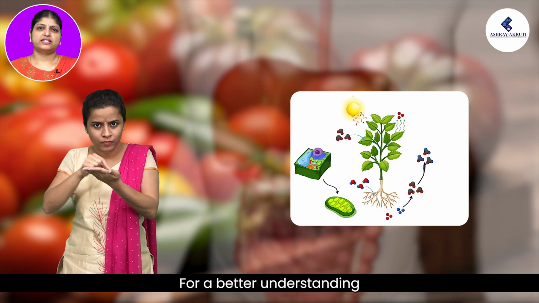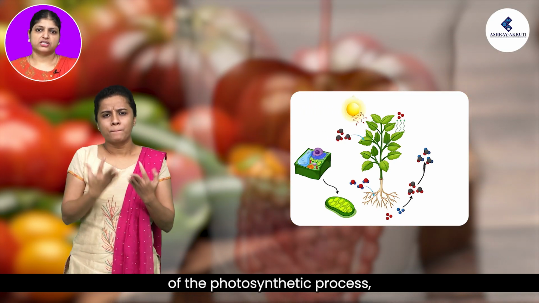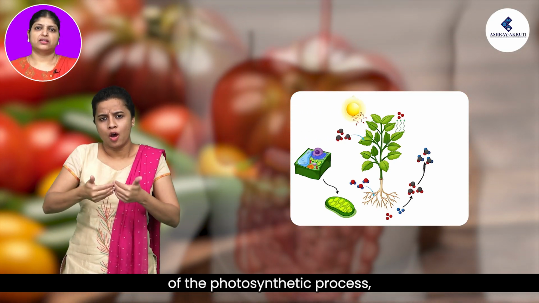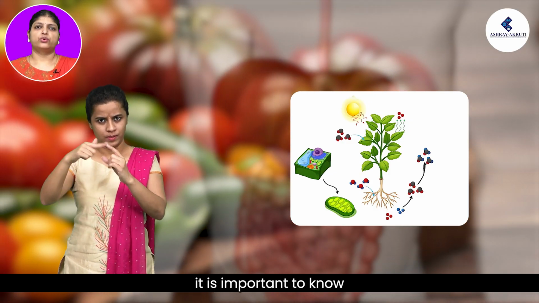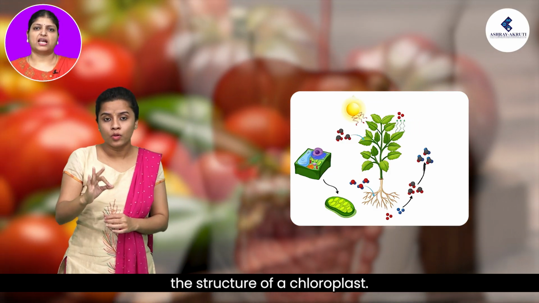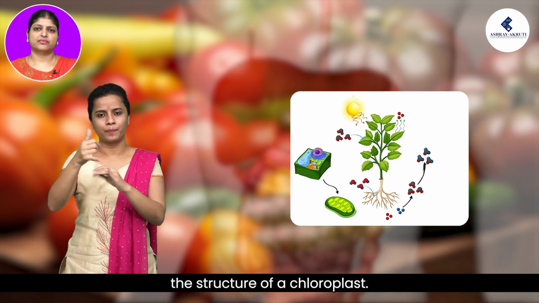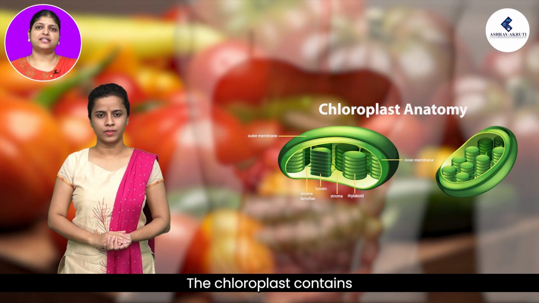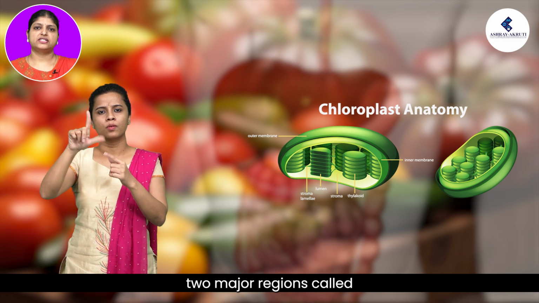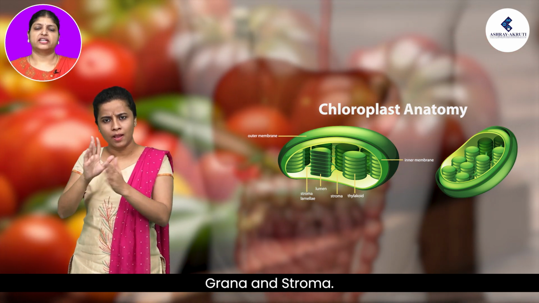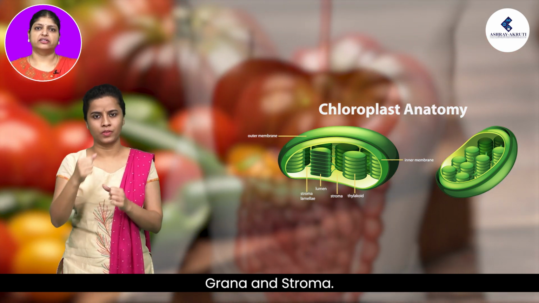For a better understanding of the photosynthetic process, it is important to know the structure of a chloroplast. The chloroplast contains two major regions called grana and stroma.